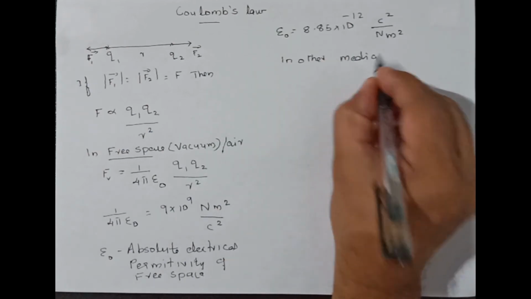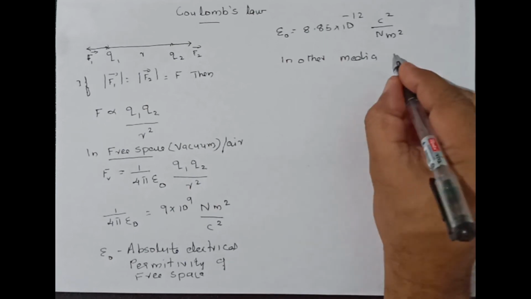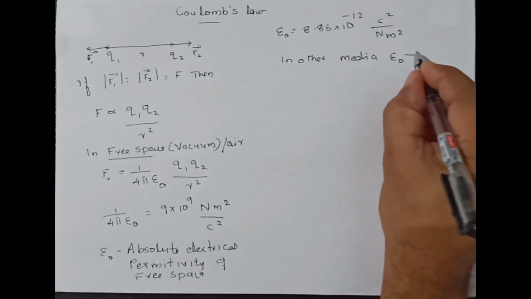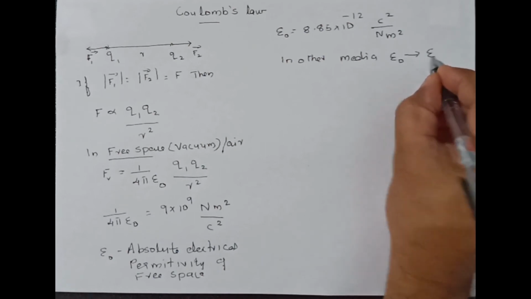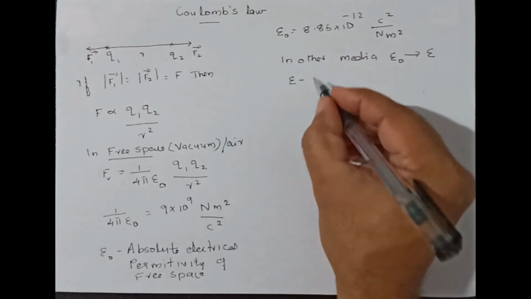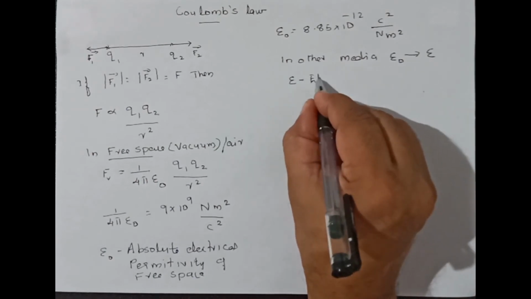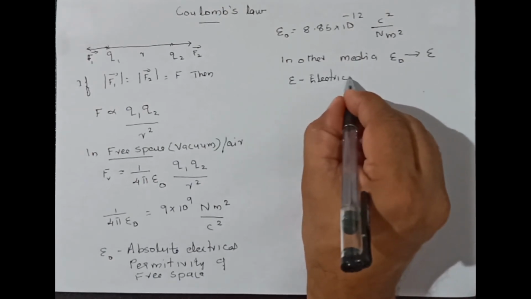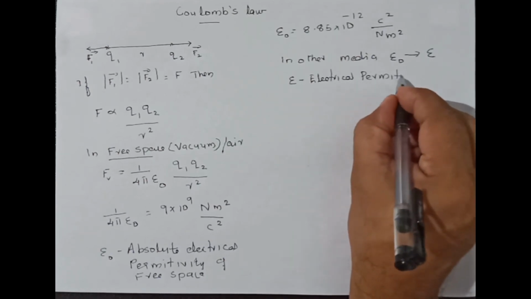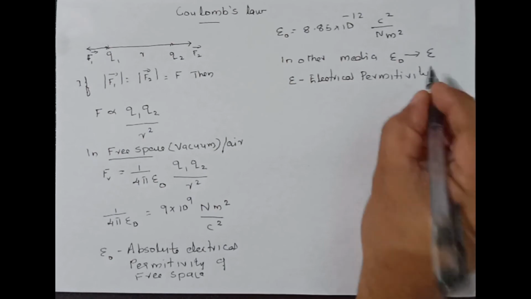In other media, suppose we change the medium, rather than using free space, if you use some other medium, definitely the electrostatic force will be different. Here what we have to do is epsilon naught will be replaced with epsilon, where epsilon is the absolute electrical permittivity of that particular medium.